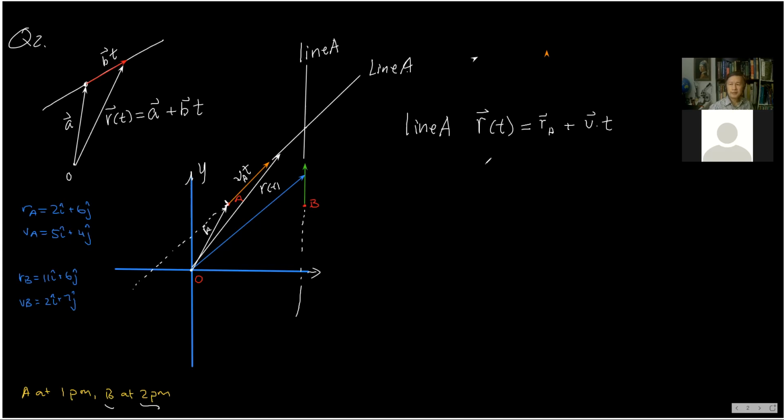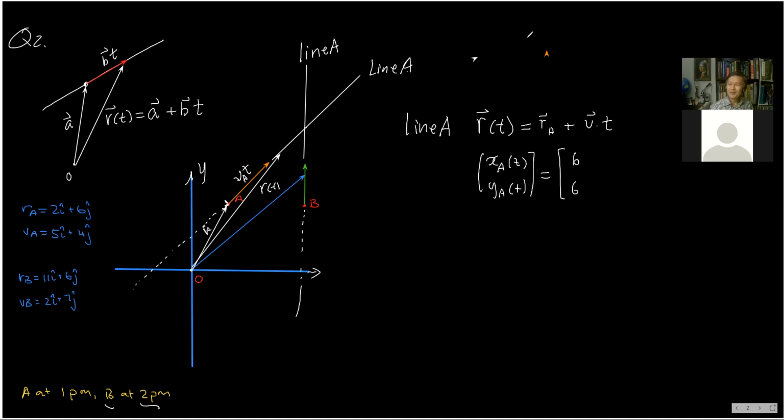So what does that mean? This means that X and Y, can we call this a ship? This is boat A, at any time can be written in matrix form. What is A? A is 2, 6.